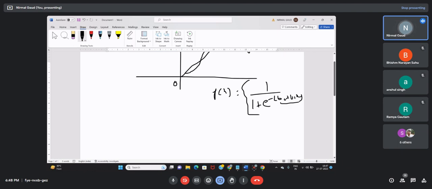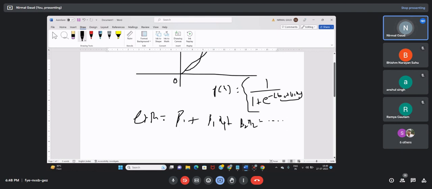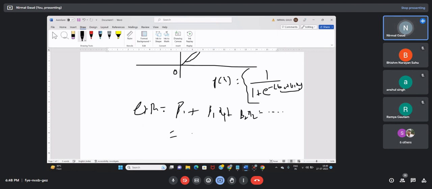There is a way to represent this thing. In linear regression also, we represented it in the form of beta naught plus beta 1 x1 plus beta 2 x2 and so on. Similarly, we can represent it here in the form of multiplication of theta into x. This is how they represent the power of e, in the form of theta x.